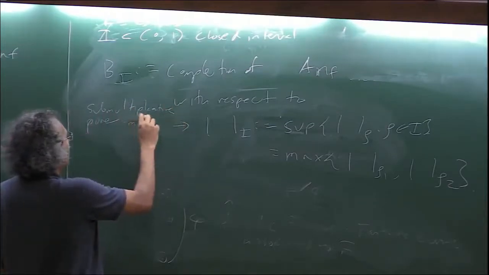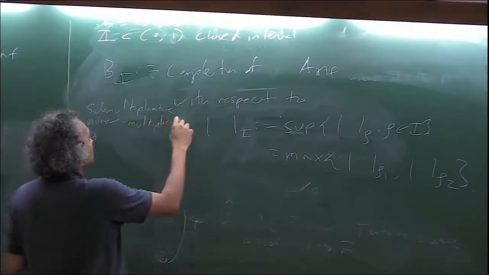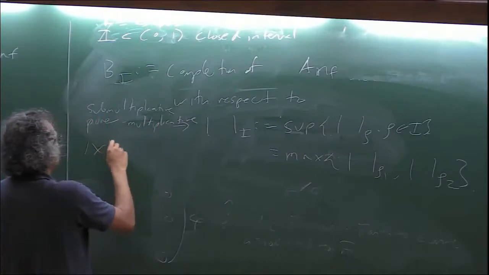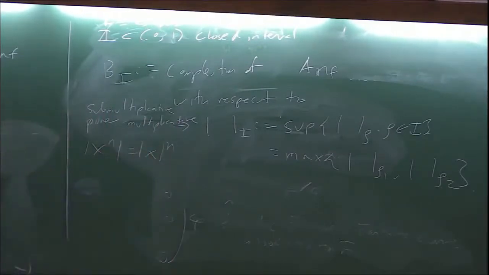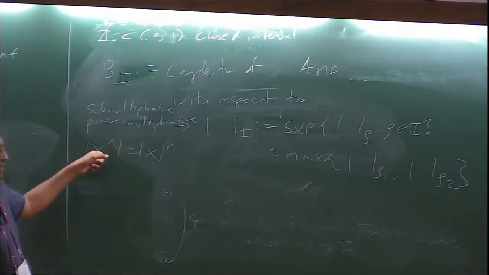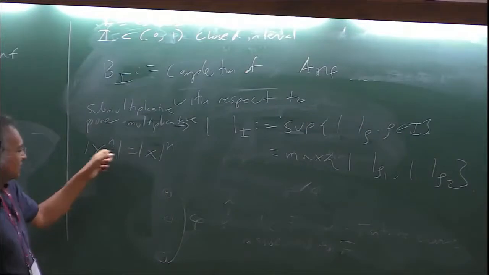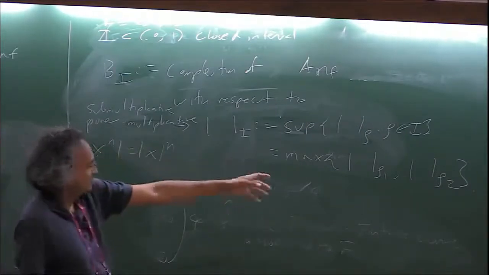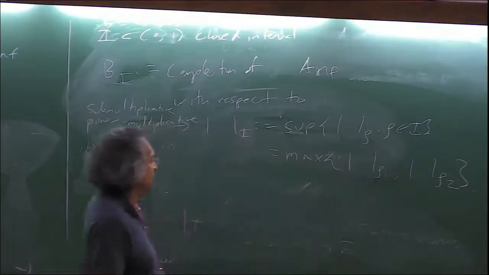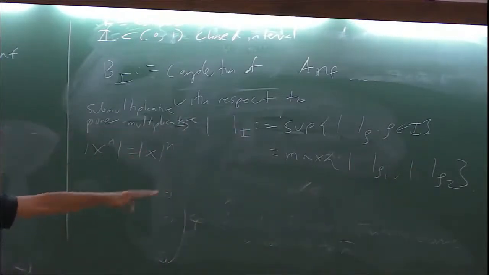It's also power multiplicative, in that the norm of x to the n is the norm of x to the power n. Because when you multiply two powers of x with each other, you get the max of the two factors.